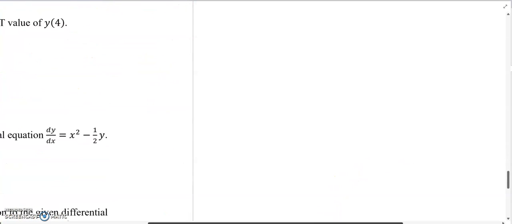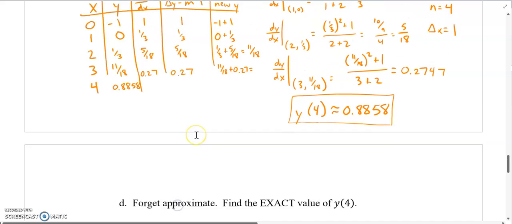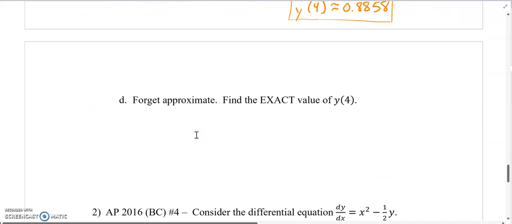So analytically, we can actually solve this. Analytically, we can solve this by looking at dy dx equals y squared plus 1 over x plus 2.